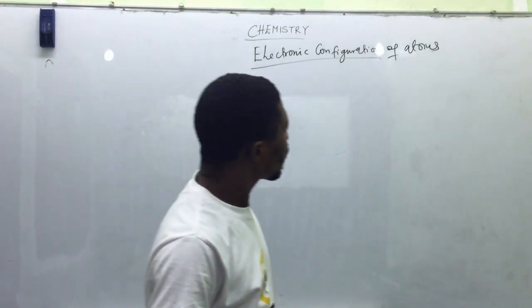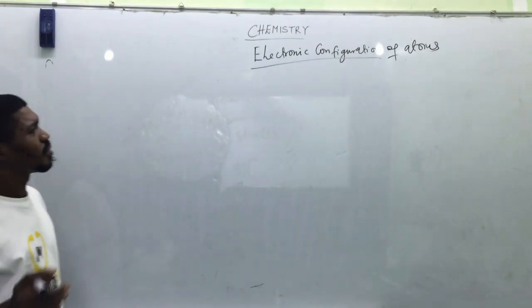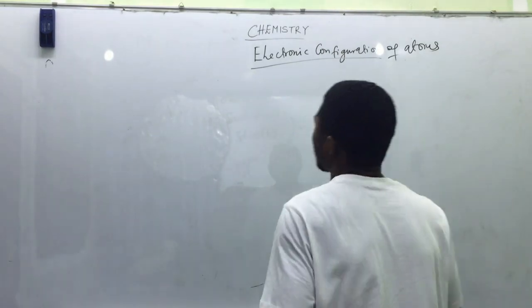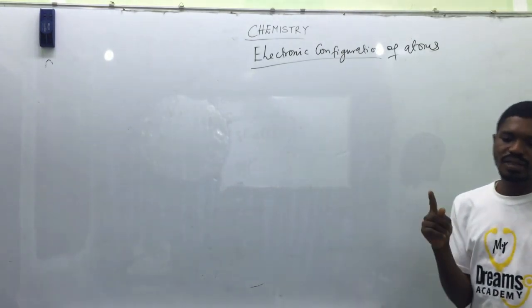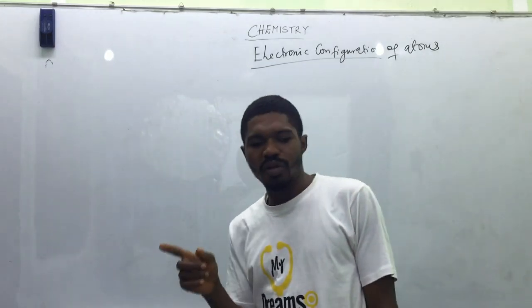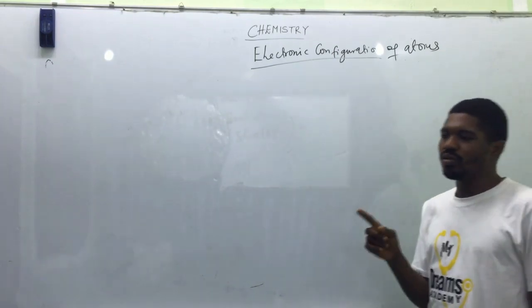Now, there are rules guiding electronic configuration. One is that every orbital accepts a maximum of 2 electrons. The maximum number of electrons that can be accommodated by an orbital is 2.